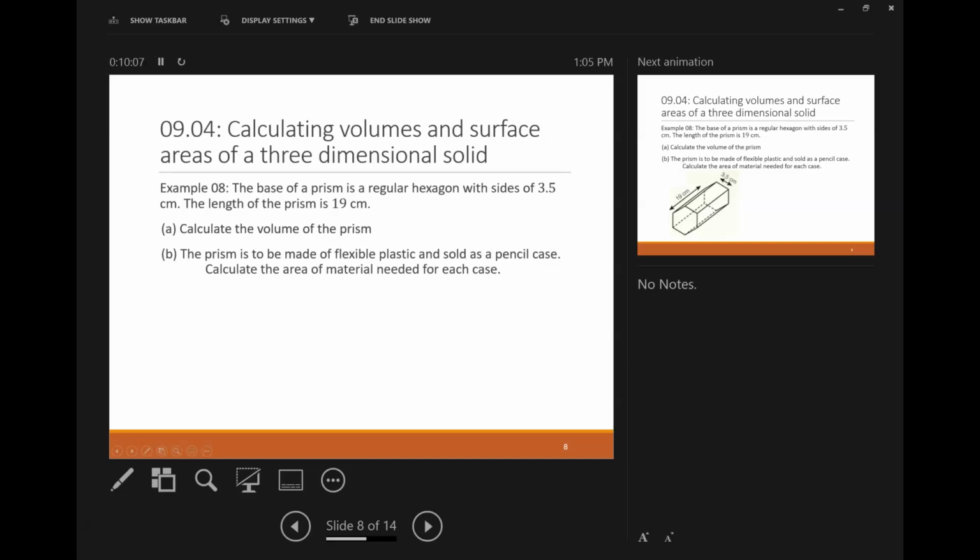What does hexagon mean? 6 sides. What does regular mean? All the side lengths and angle measures are equal, right? Okay, so here's our picture of what our pencil case is going to look like. So the volume for a prism is area of the base times height.